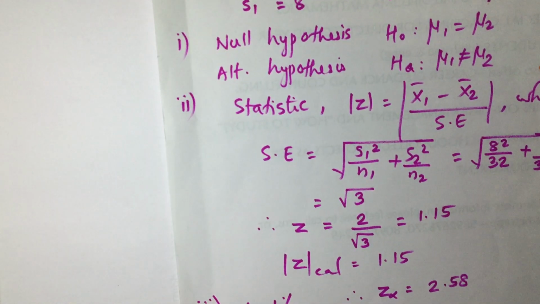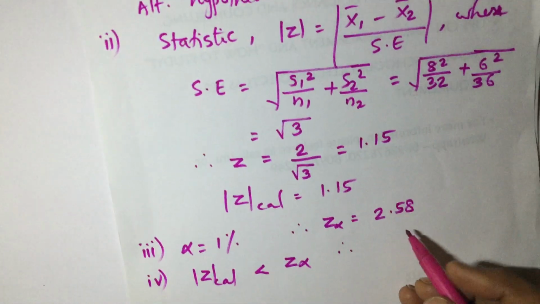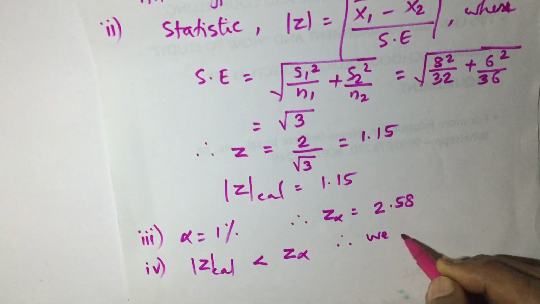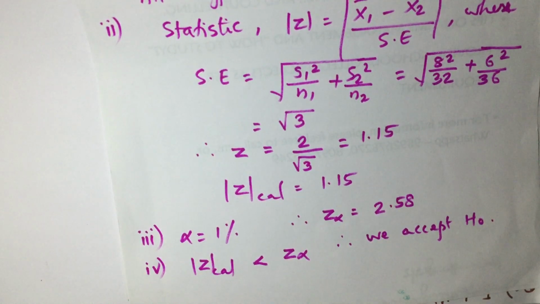Now z calculated value is less than z table value. Therefore, what is the conclusion? We accept H0. We accept H0 means, what was your H0? H0 is mu1 equal to mu2. We accept that one, means the means are same.